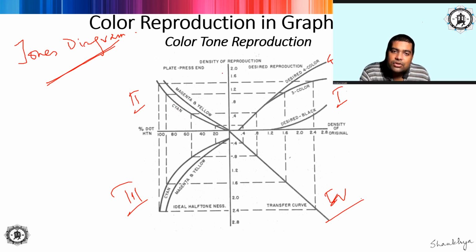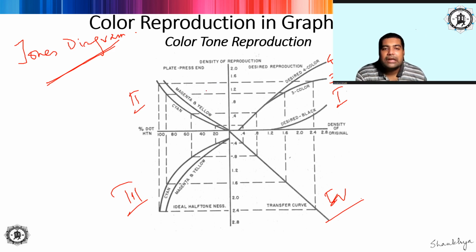Okay, this is your 4-color reproduction, right? And you have also obtained a similar type of 3-color reproduction. I'm not really talking about the black channel over here, the black reproduction curve. I'll talk about it in the end, as we need a different sort of analysis over there. So I'll be talking mainly about your 4-color reproduction and your 3-color reproduction.